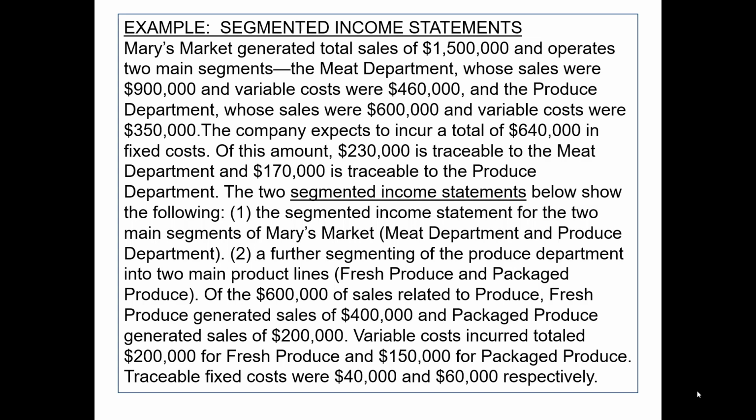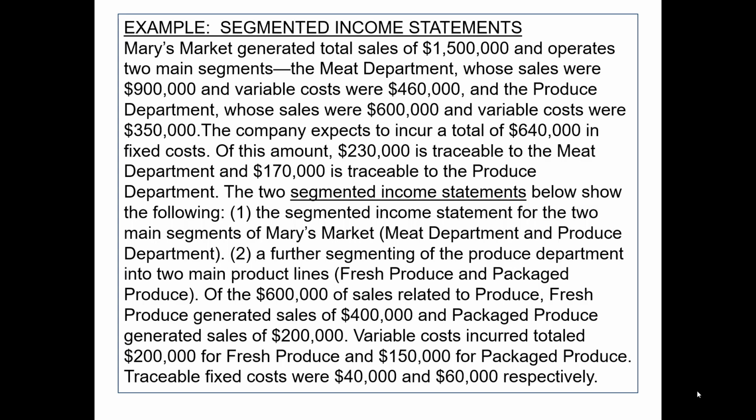The meat department, whose sales were $900,000 and variable costs were $460,000, and the produce department, whose sales were $600,000 and variable costs were $350,000. The company expects to incur a total of $640,000 in fixed costs. Of this amount, $230,000 is traceable to the meat department and $170,000 is traceable to the produce department.